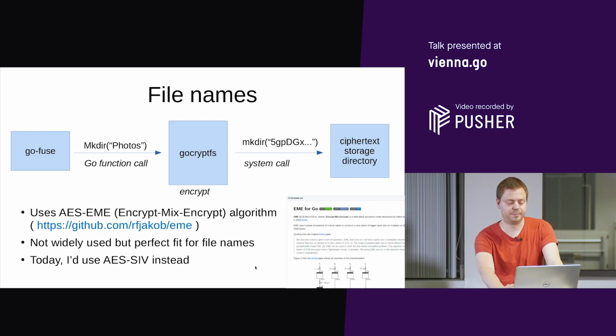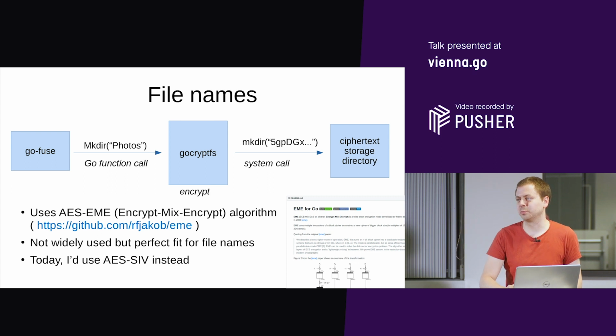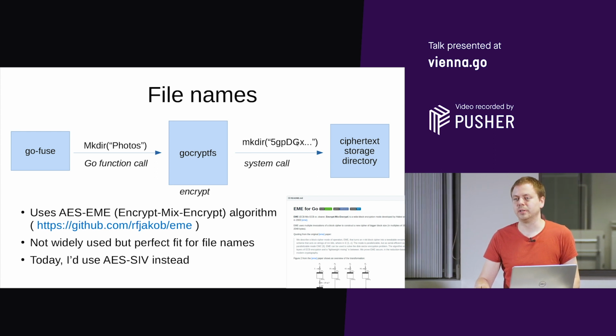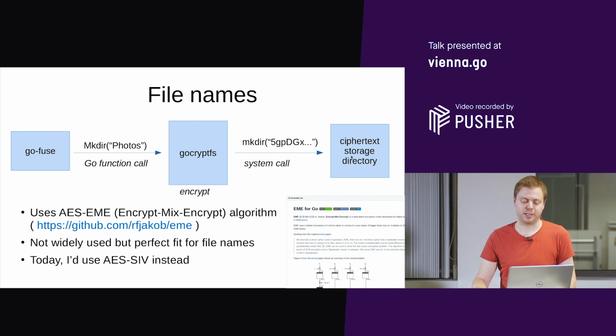So as I said, gocryptfs encrypts both the content and the file names. Let's say the user wants to make the directory photos. Go-fuse translates this into a function call into gocryptfs, and then we actually create the directory with some random garbage name in the backing directory.